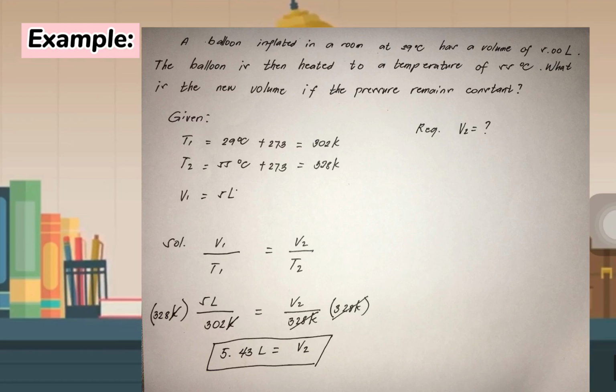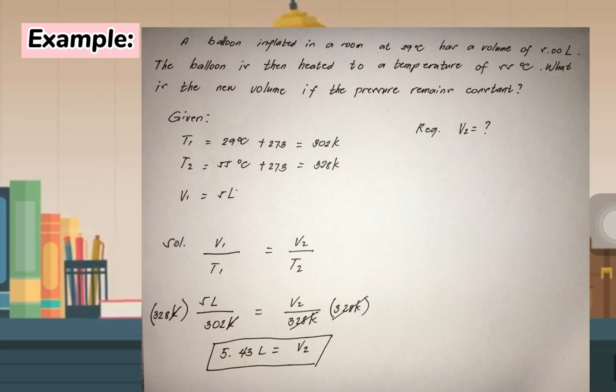To solve our problem, let us use our formula V1 over T1 equals V2 over T2. So substitute, our V1 is 5 liters over 302 Kelvin equals V2 over 328 Kelvin. Since we are finding the volume 2, we need to cancel out the 328 Kelvin.